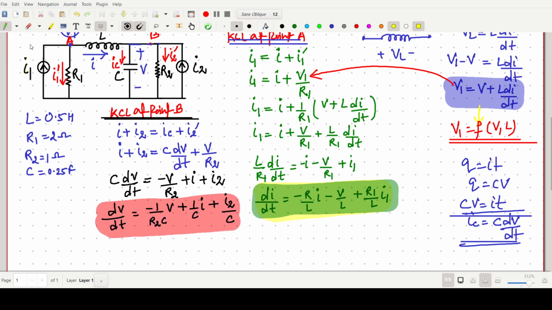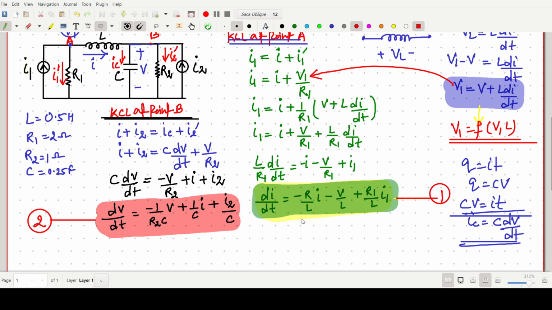I am saying this equation is equation number 1, and this is equation number 2. So two well known equations are there.